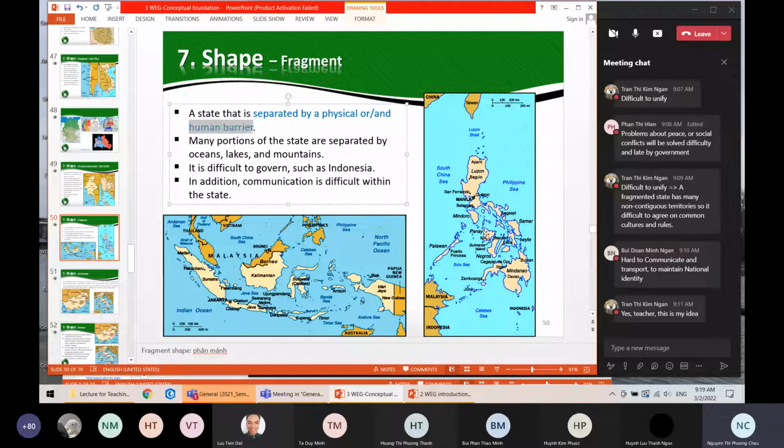And as well, because they are poor, right? We know that in the past, the Philippines was colonized, I think by the UK or some other colonizers. So Filipinos can speak English or international languages very well.